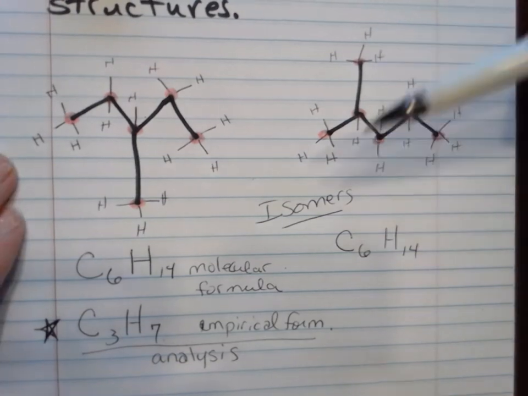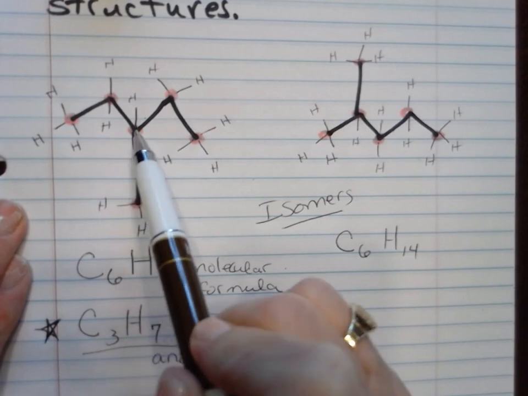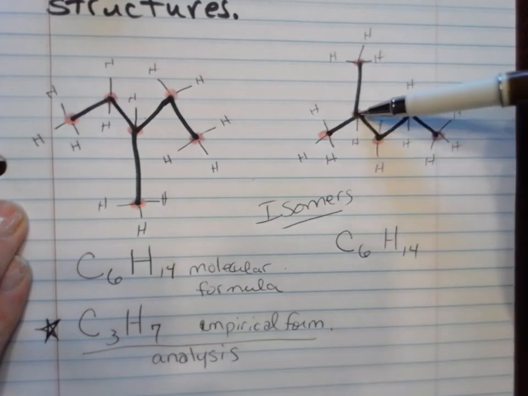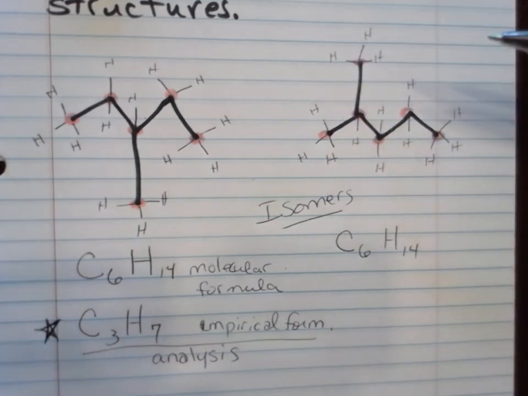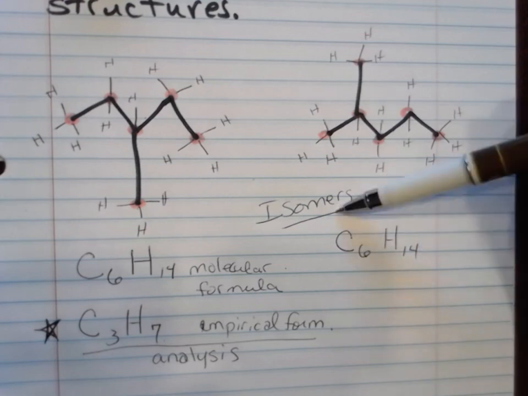So notice that this one is attached to this middle carbon, and this one is attached to this second carbon. So they are not going to behave in the same way, but they do have the same molecular formula, so they're isomers of each other.